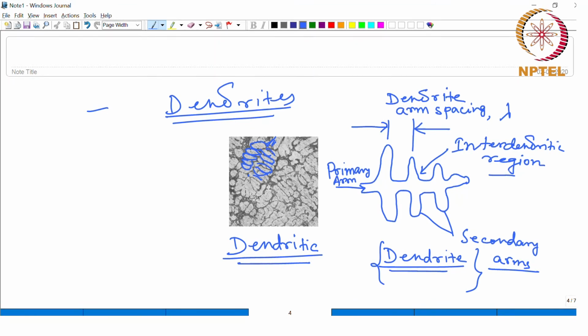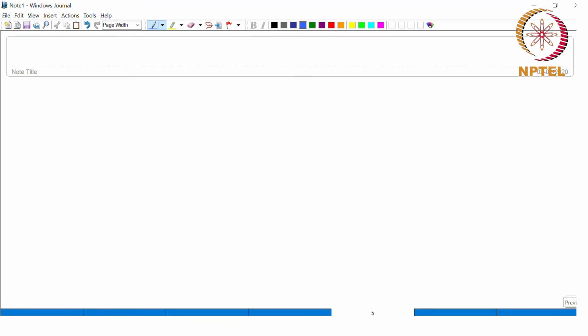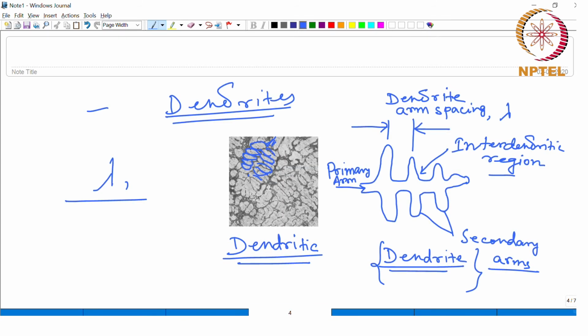So, the size of the dendrites will be given by lambda, and this lambda in turn is going to depend on all those parameters that we described before, right. Do you remember these parameters that we talked about, that is the undercooling, the cooling rate, and the thermal gradient.